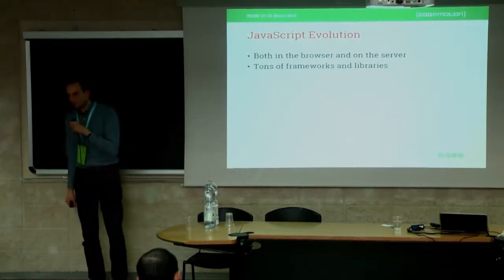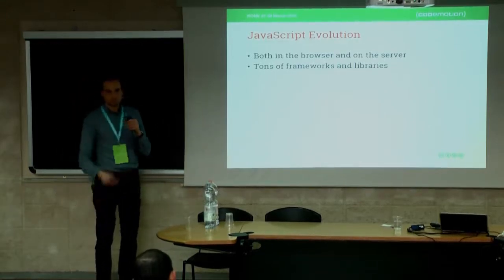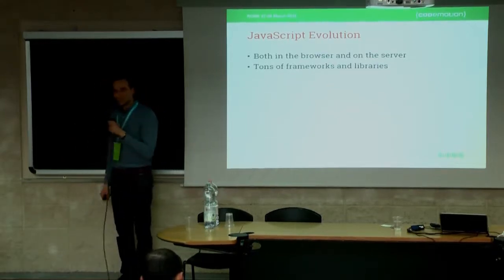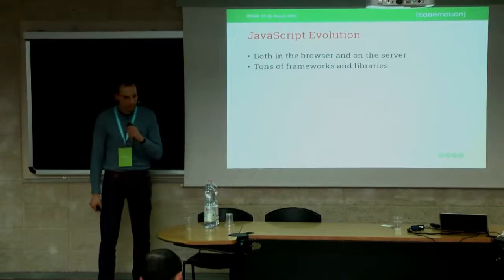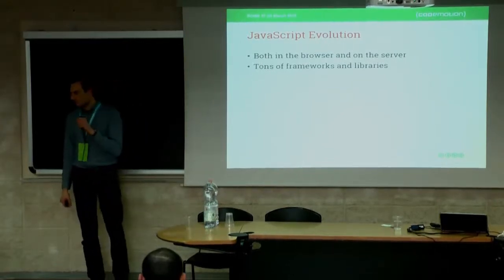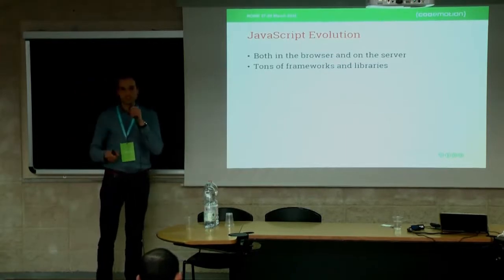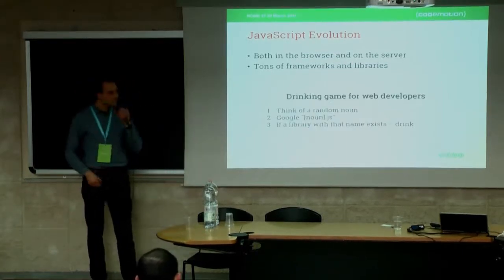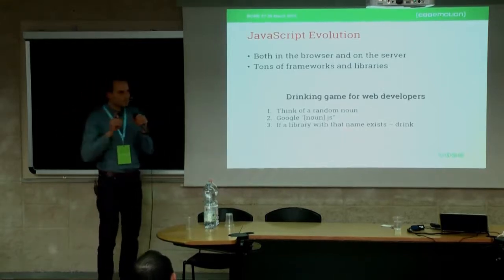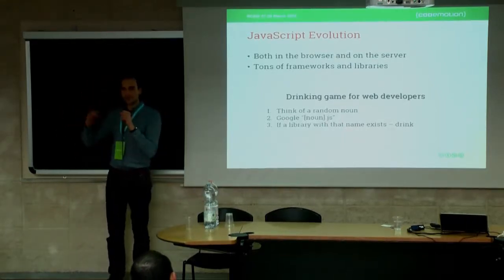Every day I wake up and I'm afraid that there are too many JavaScript frameworks and I can't really keep a list of what is happening. I even have an idea to propose one drinking game for tonight's networking session. So basically, there are 3 steps. First one, you think of just some random word, some noun.